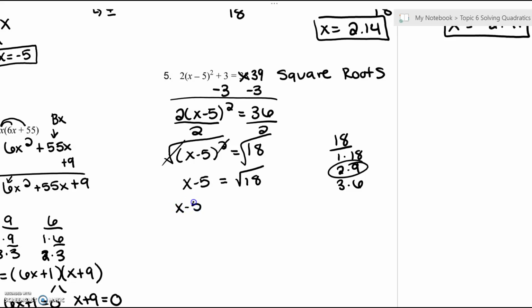So I have x minus 5 equals the square root of 9 times the square root of 2. The square root of 9 is 3. So I have x minus 5 equals 3 root 2. And then don't forget your plus or minus. I just about forgot it.